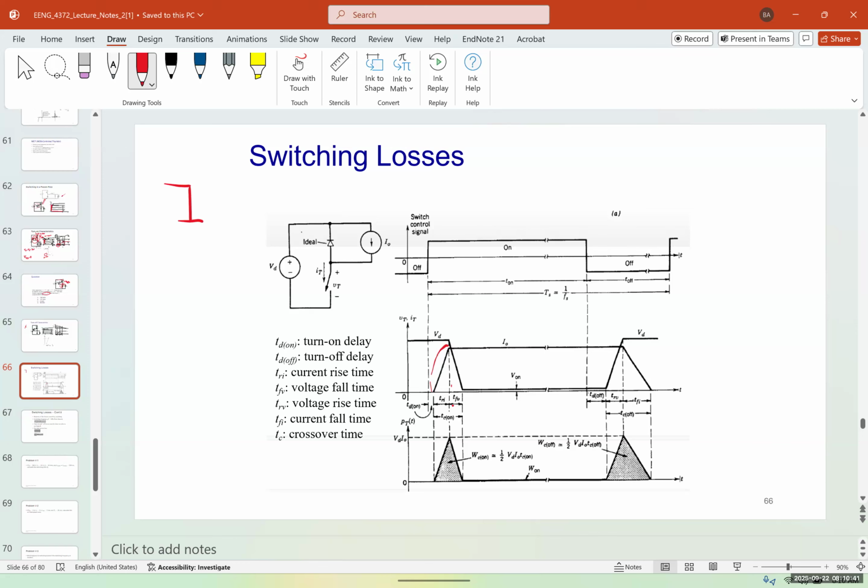Again, if we have a diode in forward bias, if we have an ideal diode, then the forward bias voltage for an ideal diode is around 0 volts. A non-ideal diode like a silicon diode is 0.7.